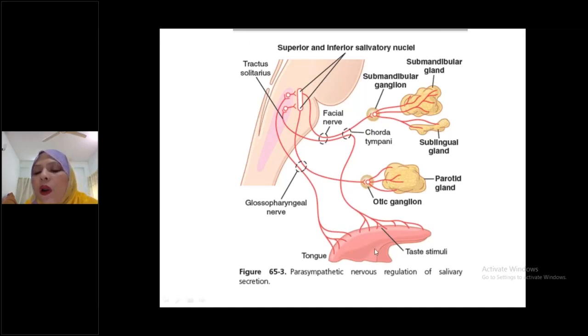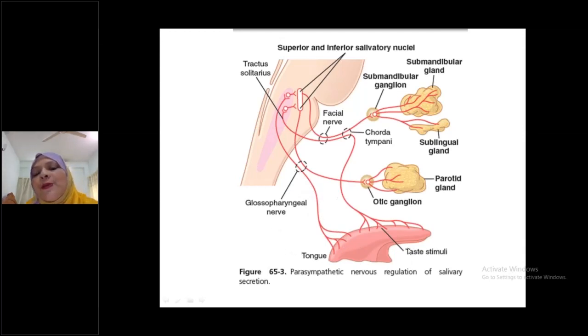Already, everybody knew these things, that taste pathway. Anterior 2/3 of the tongue is supplied by the chorda tympani branch of the facial nerve. Posterior 1/3 is supplied by the glossopharyngeal nerve, and pharynx, soft palate, and other parts of the tongue are supplied by vagus nerve. It is known to you.